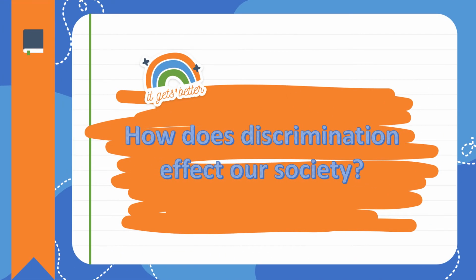Number 3. How does discrimination affect our society? Discrimination affects people's opportunities, their well-being, and their sense of agency. Persistent exposure to discrimination can lead individuals to internalize the prejudice and stigma that is directed against them, manifesting in shame, low self-esteem, fear, and stress, as well as poor health.